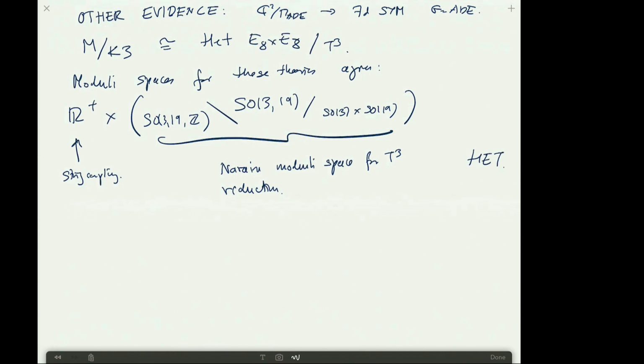And then for M theory on K3, the moduli space is in fact the moduli space of Einstein metrics, which are then automatically Ricci flat, on K3. And here the R plus factor is the overall volume of the K3.